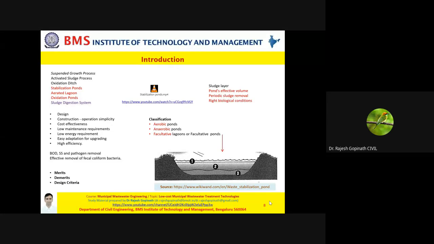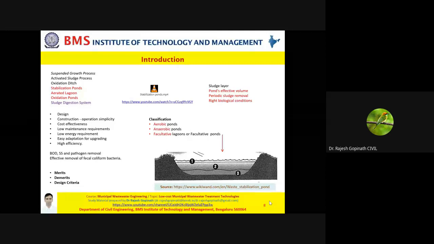If the sludge accumulates, it will reduce the carrying capacity of the system, and it will reduce the effective depth and effective volume of the pond. Apart from all these attributes, the biological conditions also matter. What form of bacteria or microorganisms are present in the system?